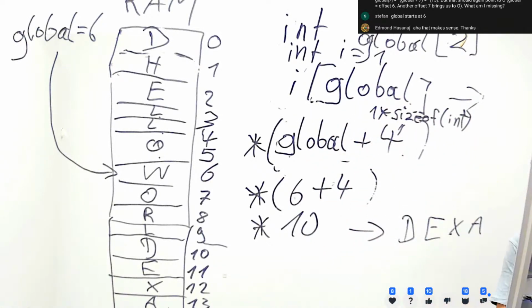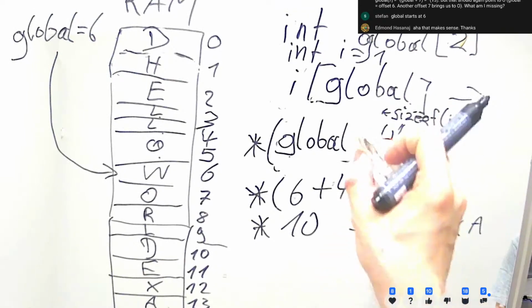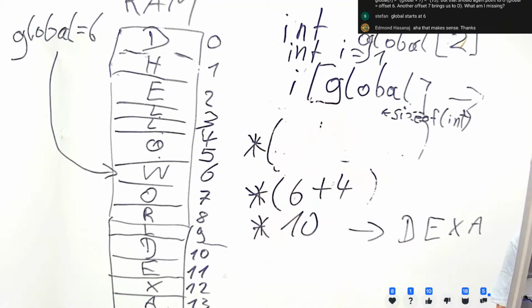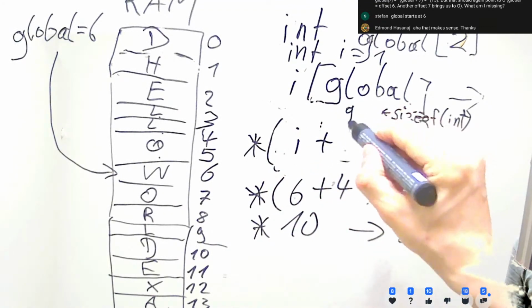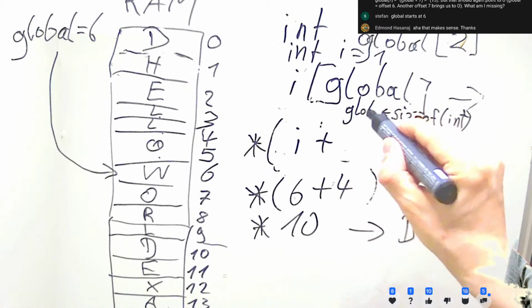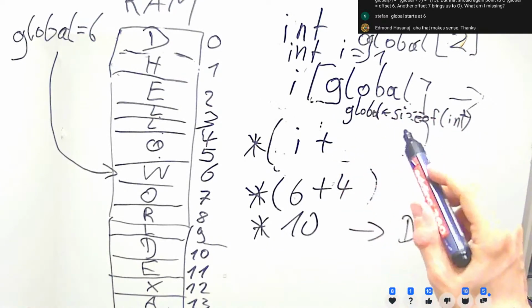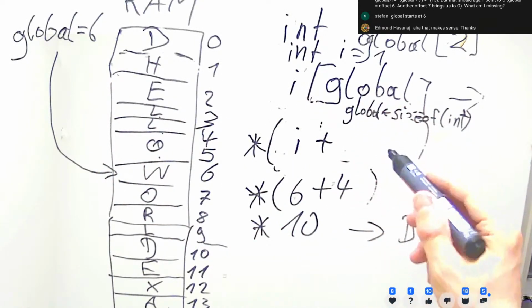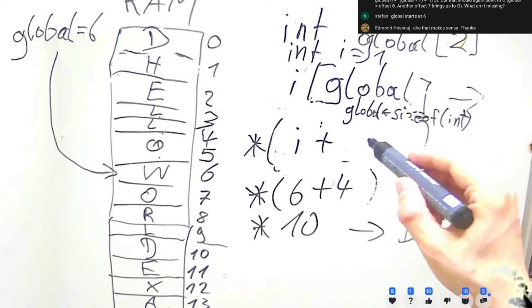So in this example now we would have i plus global, we have global times size of int. Global is now 6, so this changes a bit where this points to, because this is not a character pointer, right?